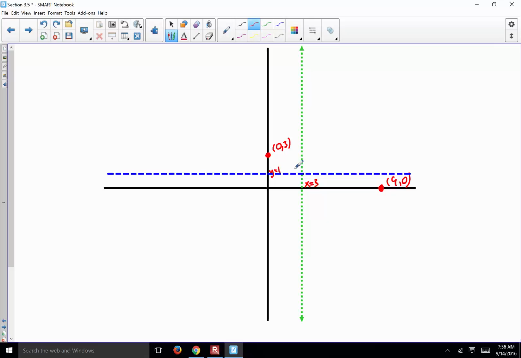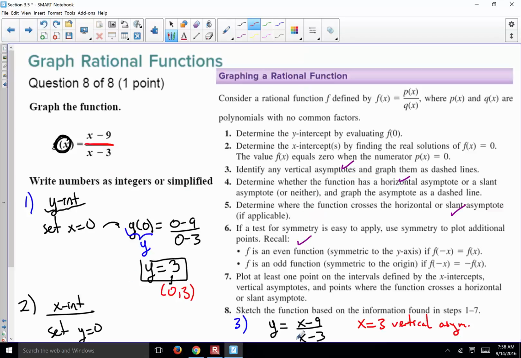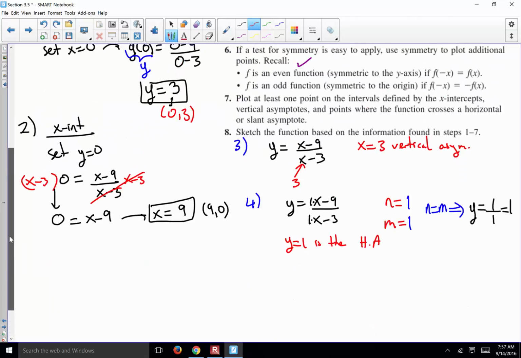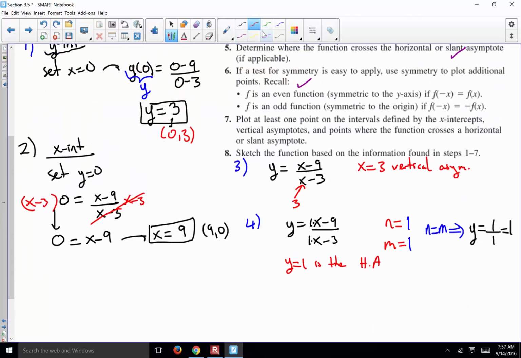Any questions? Simple enough, huh? Because our function is so simple. I'm glad they didn't give me anything with squares or stuff. Alright, number 4 is done. We're going for number 5 now.